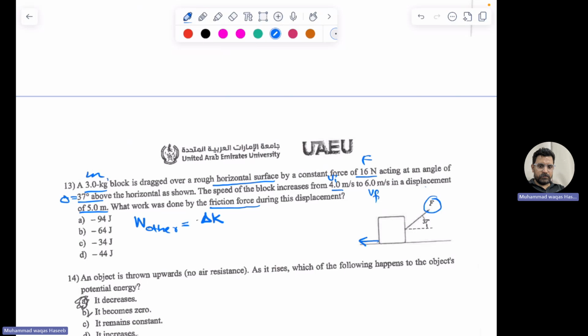In that case, your total work will be the work done by the force plus the work done by the frictional force, which equals the change in kinetic energy, 1 half m vf squared minus 1 half m vi squared. The work done by the force is nothing but F d cosine theta.